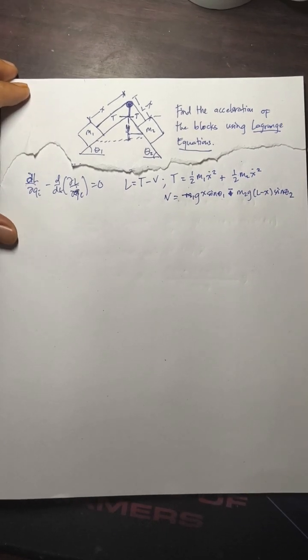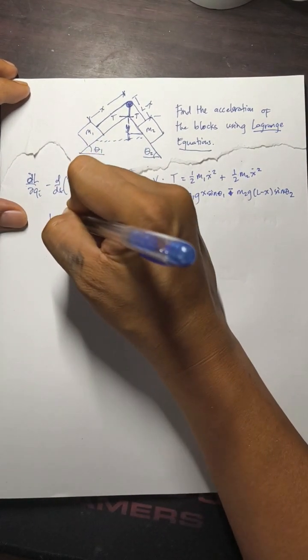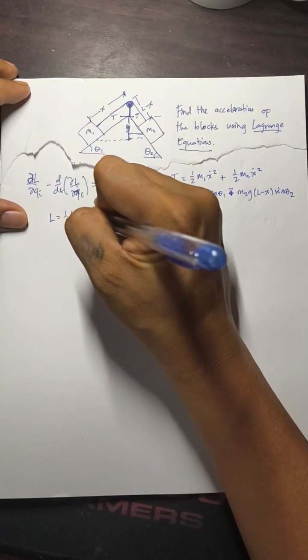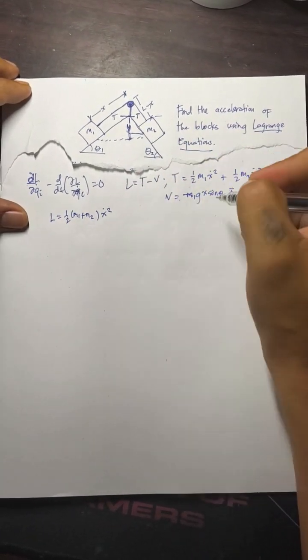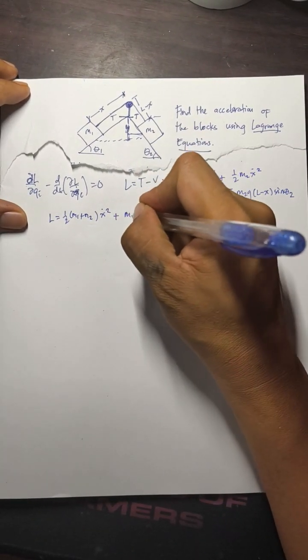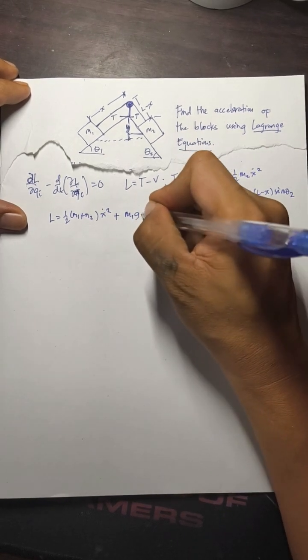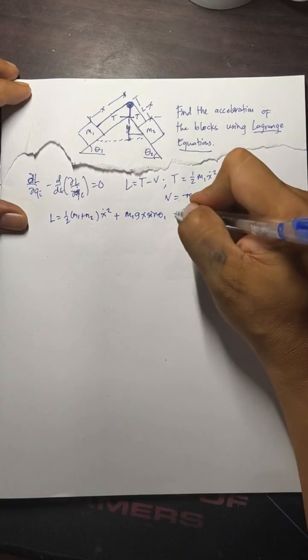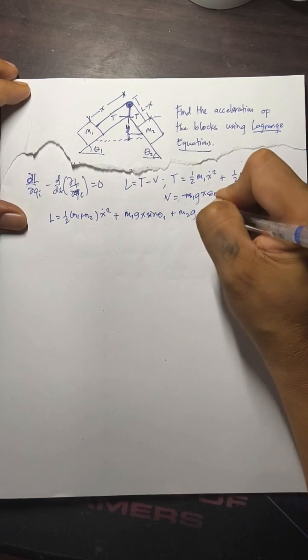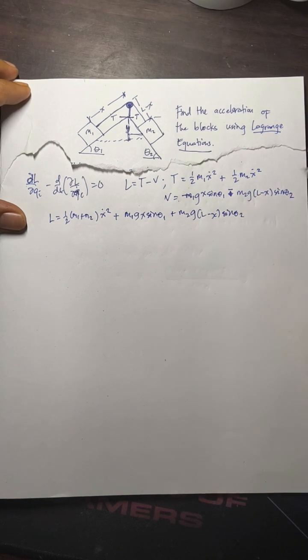Now we have our Lagrangian: 1/2 (m1 plus m2) x dot squared minus V, so plus m1 g x sine theta 1 plus m2 g (L minus x) sine theta 2.